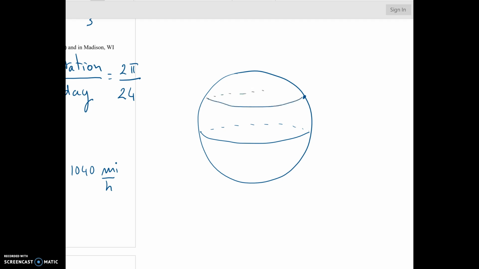This is where we have Madison. And so, obviously, if that is the axis of rotation, my radius is right there. This is the radius for Madison.